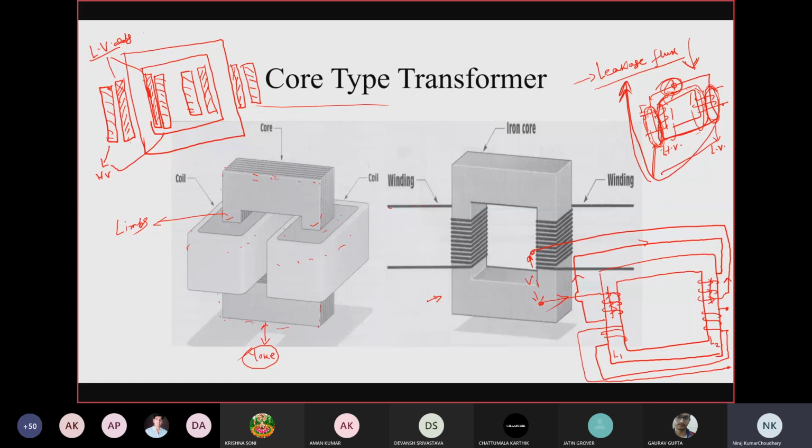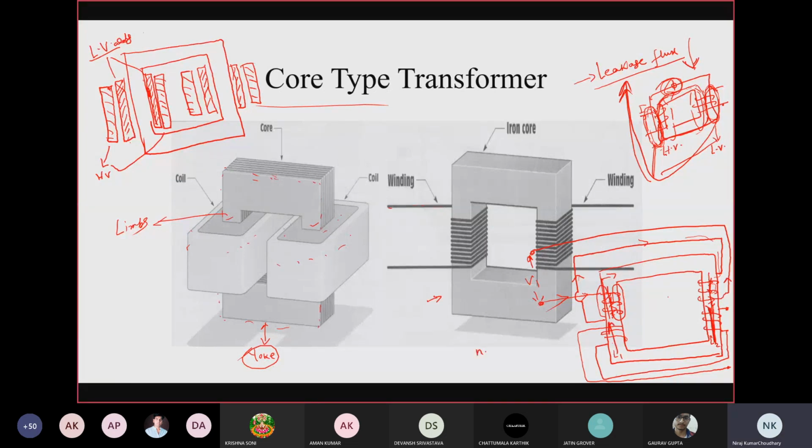In this case what will happen, मान लो कि यहाँ पे कुछ करंट फ्लो हो रहा है, ठीक है, तो फ्लक्स जनरेट होगा, जो करंट का मैग्नीट्यूड होगा टोटल इस वाइंडिंग के थ्रू, उसके अकॉर्डिंग फ्लक्स will be generated, right? So in this case you can see that the amount of flux generated here in this winding, ठीक है, और यहाँ पे जितना हो रहा है, तो दोनों लिंब पे ये लिंक कर रहा है. तो अगर यहाँ से कुछ फ्लक्स जनरेट हो रहा है, तो same amount of flux will be generated here also, and the same flux will be linked in the secondary winding also, और यहाँ पे भी वही होगा.